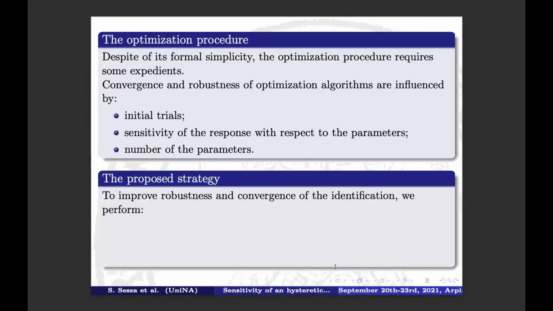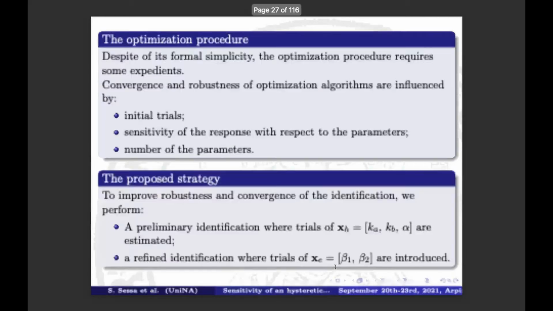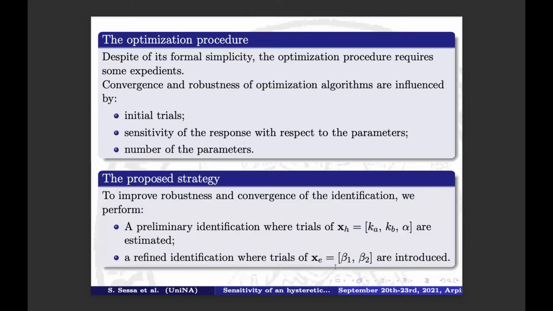So to improve robustness and convergence of the identification, we perform the preliminary one, which is focused only on 3 parameters, and the second one that includes also the latter 2.